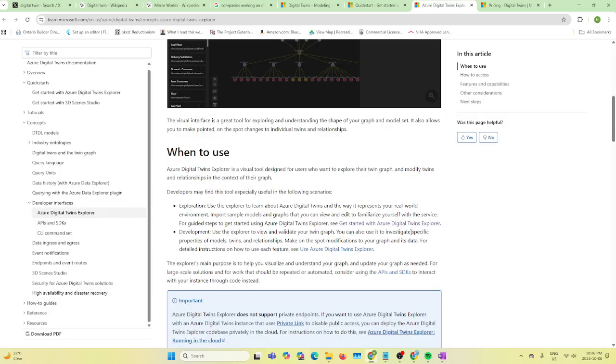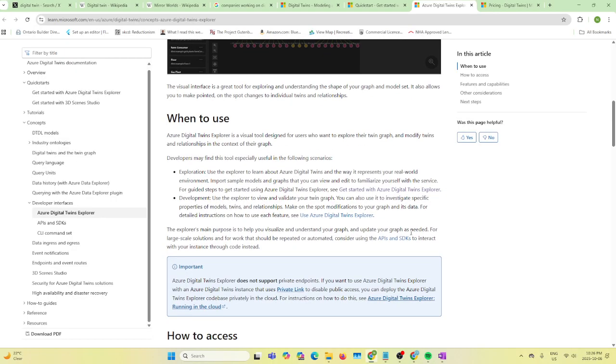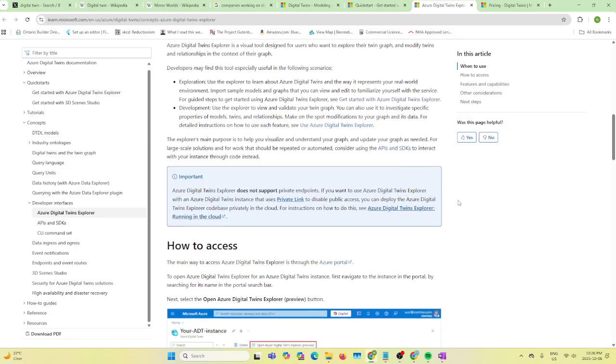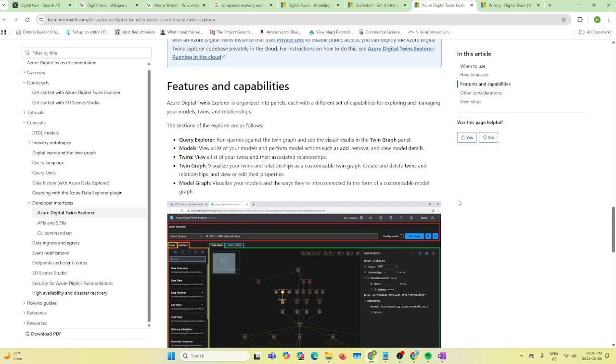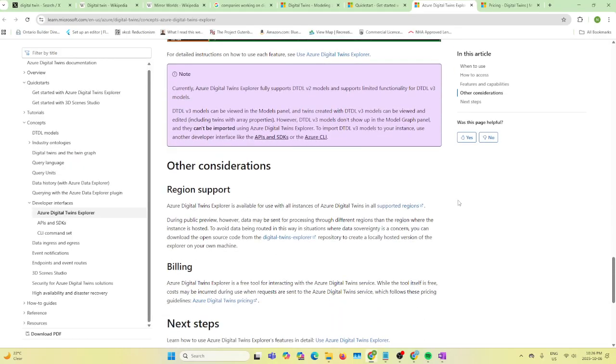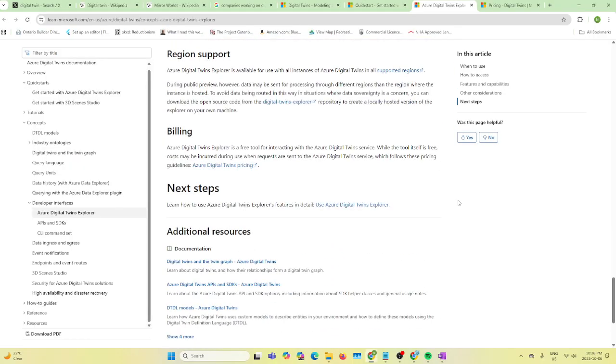When to use: developers may find this tool especially useful in the following scenario, exploration using Explorer. The Explorer's main purpose is to help you visualize and understand your graph and update your graph as needed. Okay, but can we not have more information on top of this? Because that would be very useful.